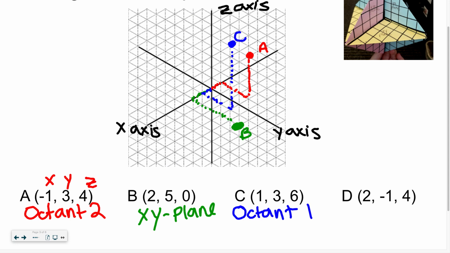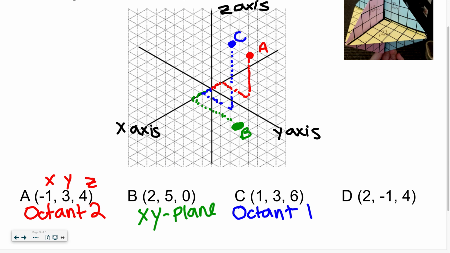It's in front of the plane that is the YZ plane because we went forward instead of backwards. So it is a little bit of a struggle to see three-dimensionally on a two-dimensional piece of paper, right? So that's why you have to imagine on your three-dimensional shape where you're actually moving. But those are all positive, so that should be octant 1.